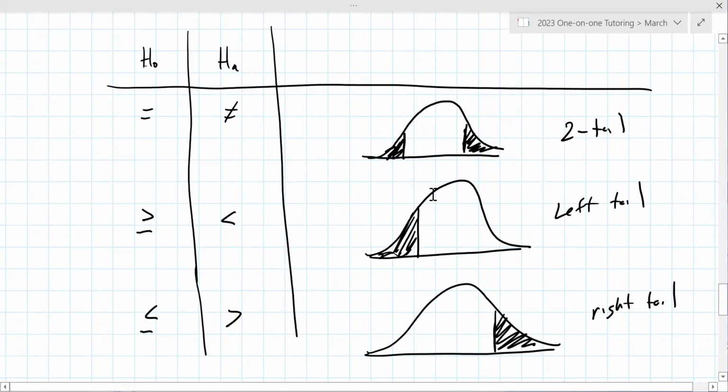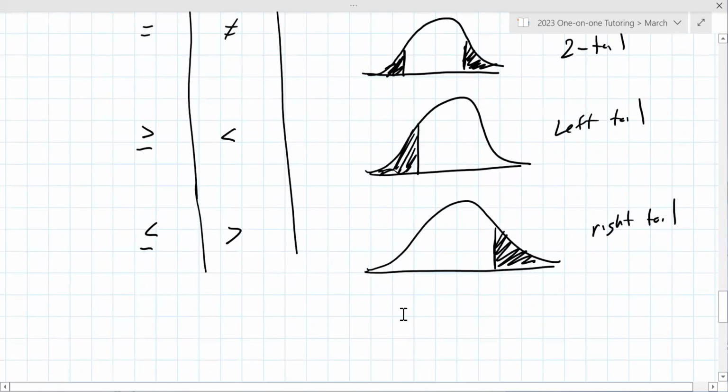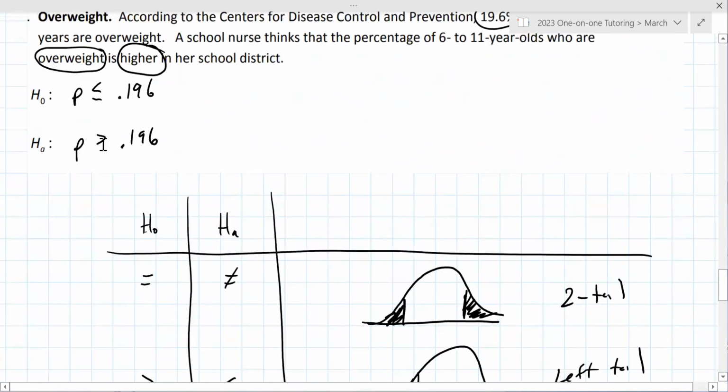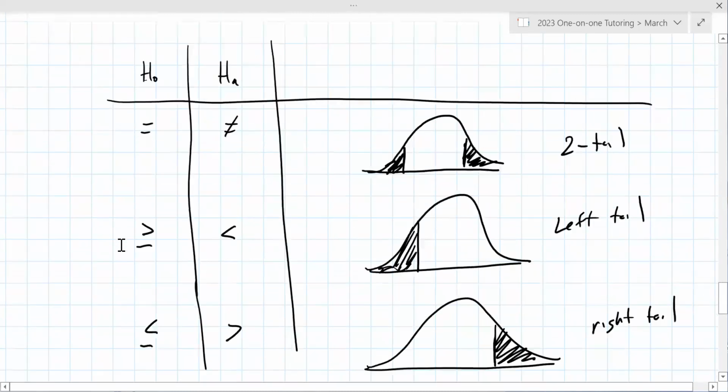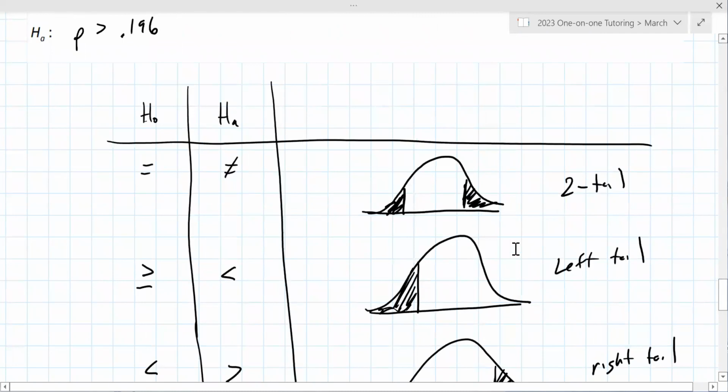Okay. So when we go back and look at this, is this one right-tailed or left-tailed? That symbol there. That one is left-tailed. You're looking at this right here.